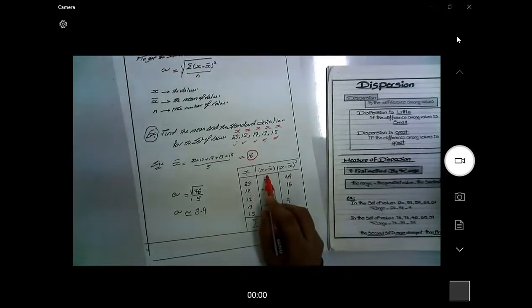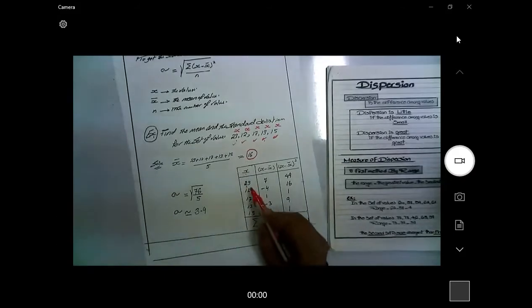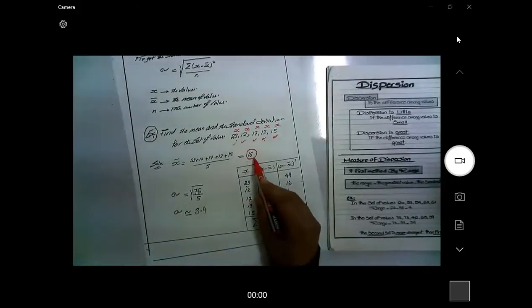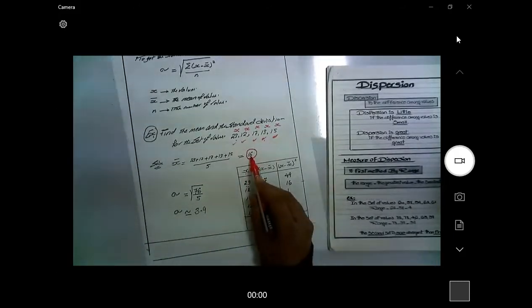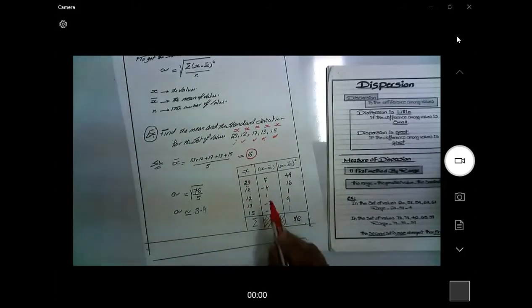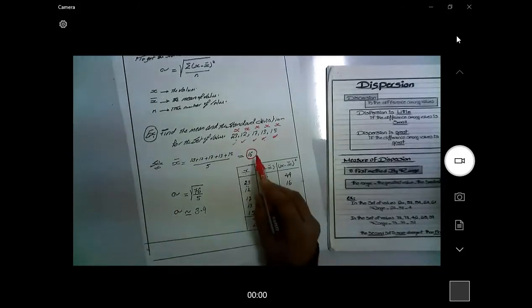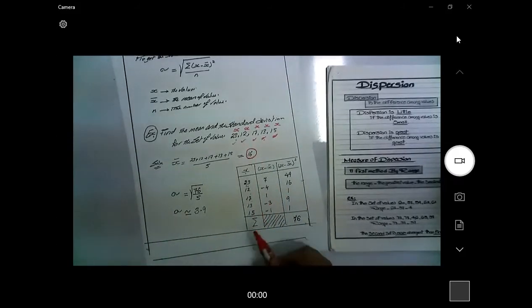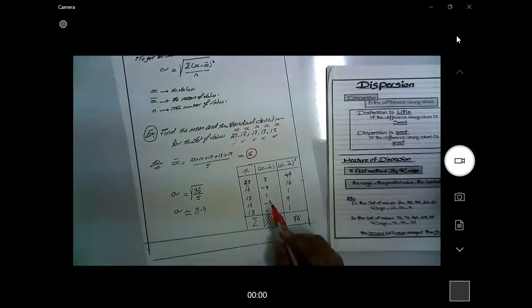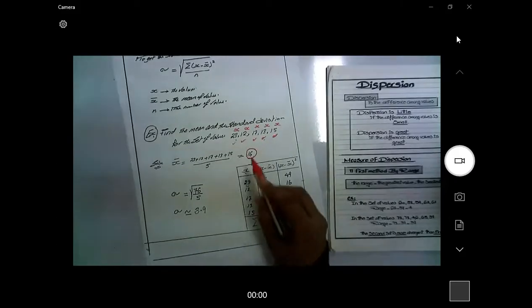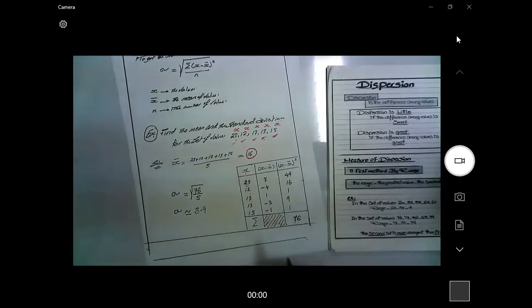X minus x dash: we subtract x dash from x. 23 minus 16 equals 7. 12 minus 16 equals negative 4. 17 minus 16 equals 1. 13 minus 16 equals negative 3. 15 minus 16 equals negative 1.